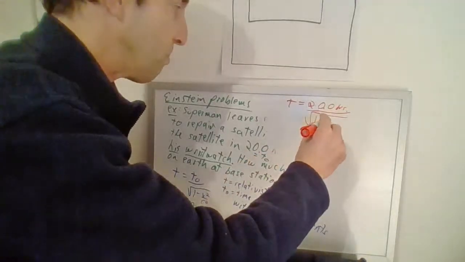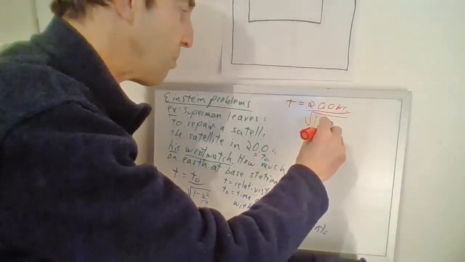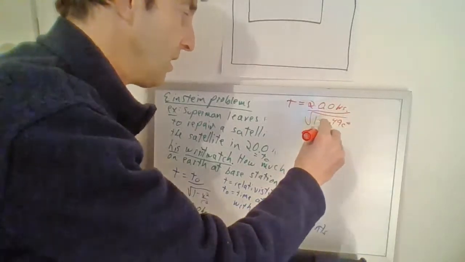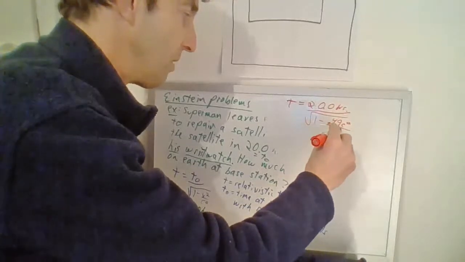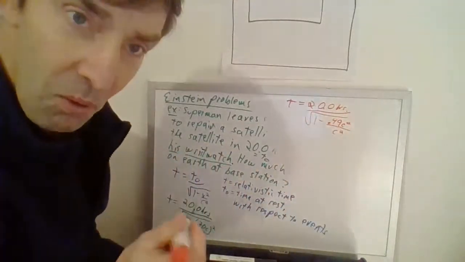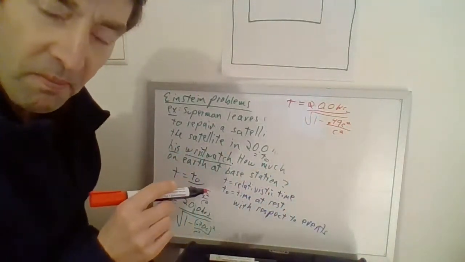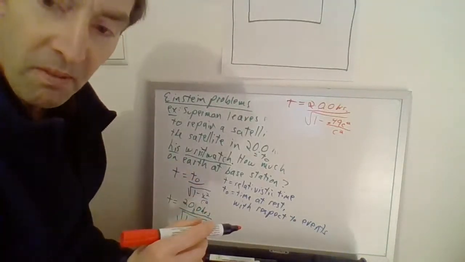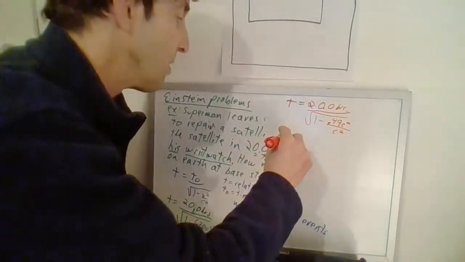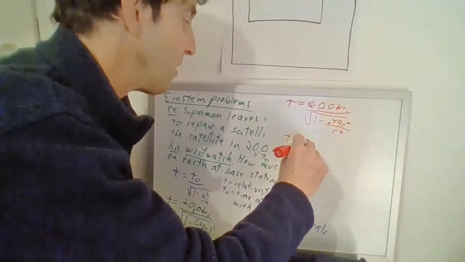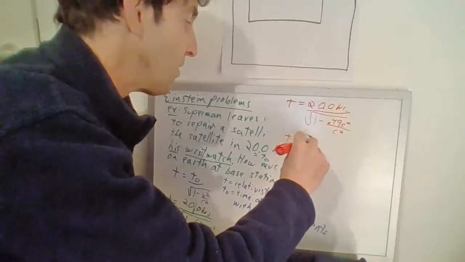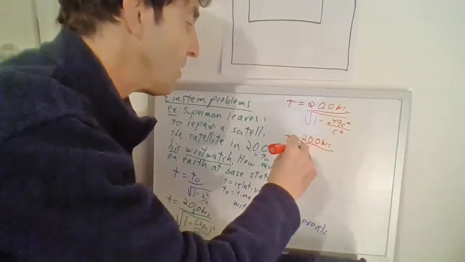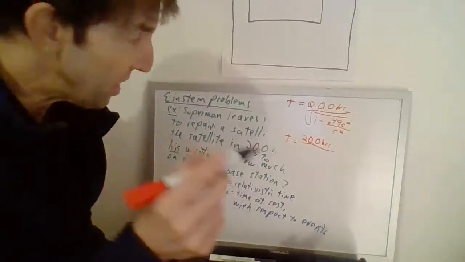So we're going to leave it as 0.49, right? 0.7 times 0.7 is 0.49 C squared divided by C squared. And Ellie, what do the C squareds do? They cancel. Thank you very much.